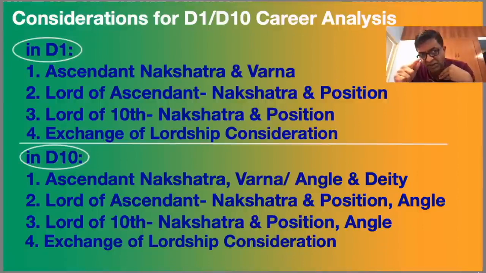You can see between the D1 and D10, the only difference is we have added the angle. Basically, everything else is the same. Exchange of lordship consideration, if at all there is any exchange of lordship going on in the D10 chart as well. Okay, there we go. So this introduction, I will stick it in each one of them. If you're seeing this for the second time or any other case, we just skip this part.